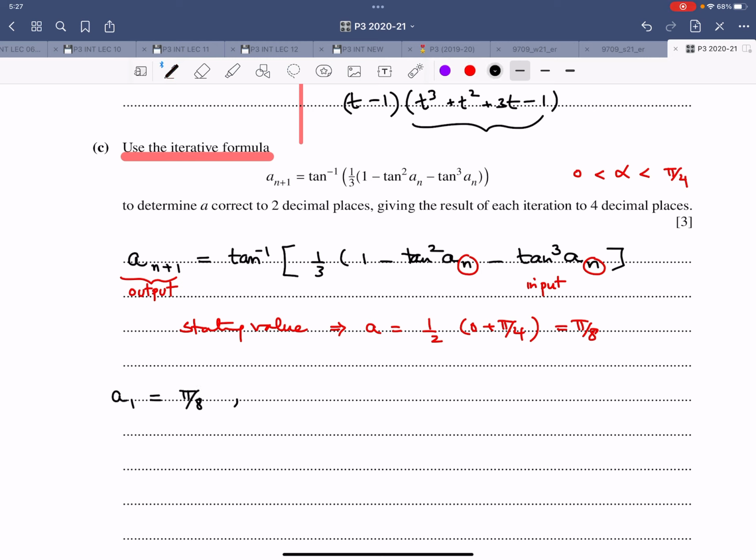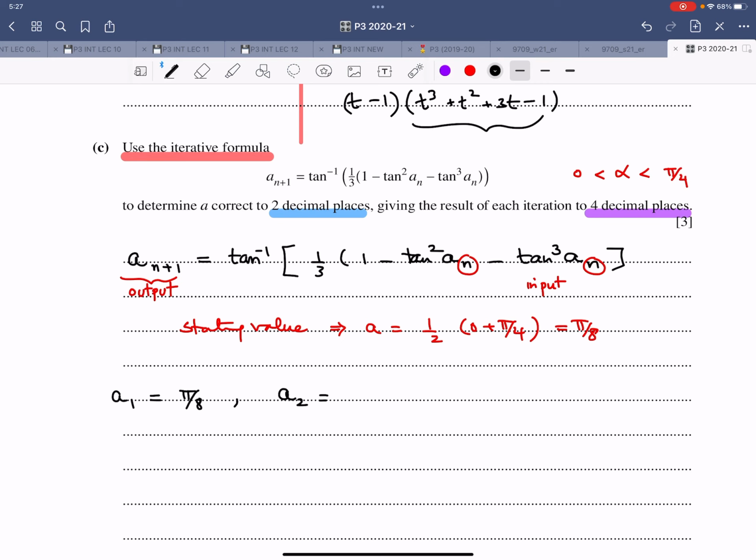Let's use a calculator. Let's plug in all the values. We should be working for each value correct to 4 decimal places so that the final answer is given to 2 decimal places. So I have already worked out the values. Let me write them one by one.